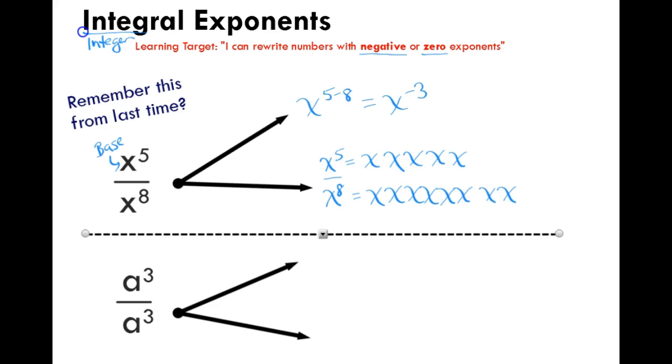And then I'm just going to cancel pairs, because x over x is 1, and that happens 5 times. And what's left is 3 x's, but they're on the bottom. And what's left up top, every time I canceled, there's a 1 left. So there's 1 on top.